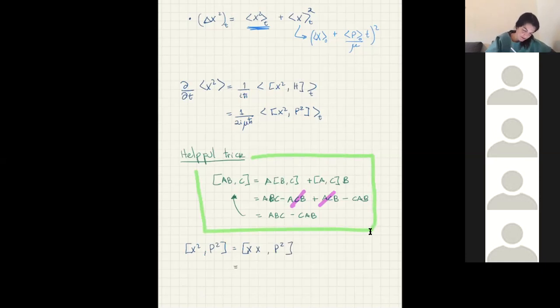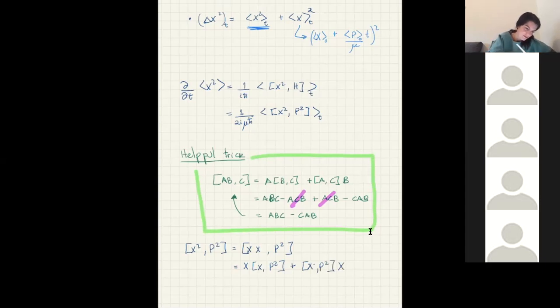So I know now that this is x times the commutator of x and p squared plus the commutator of the other x and p squared, times x. Am I right? Yes.